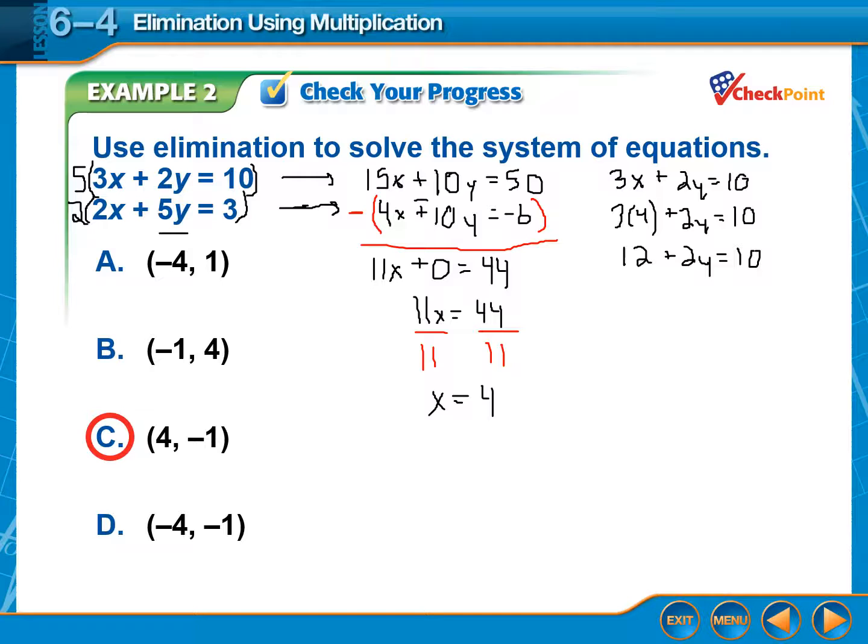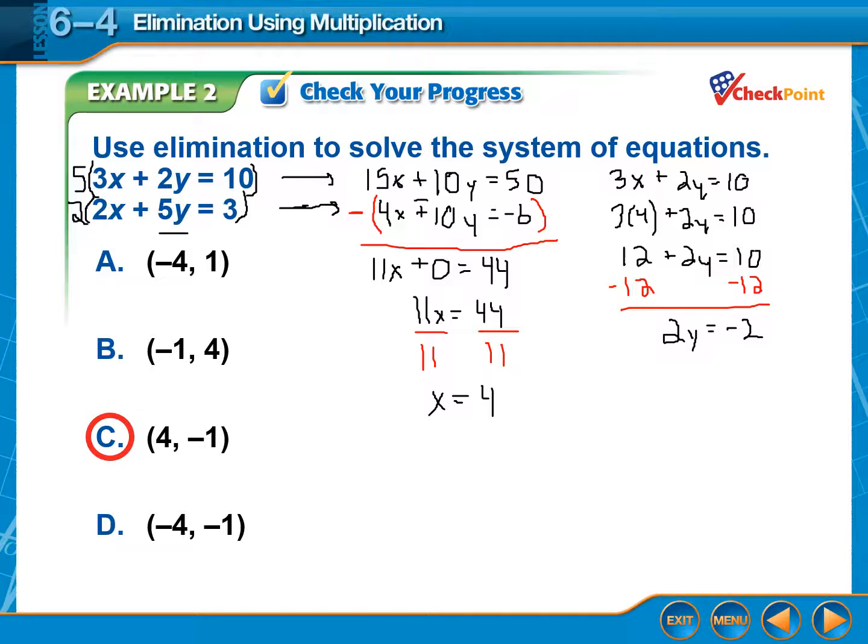Now I need to solve for y, so I'm going to take the 12 away from the left side, which means I need to take it away from the right side also. So 2y is equal to 10 minus 12, which is negative 2. And now I solve for y.